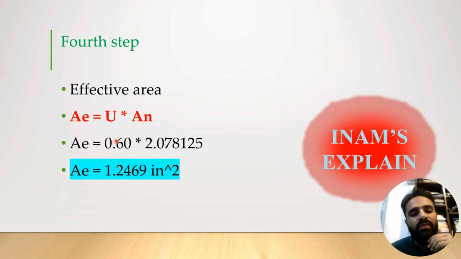So here the effective area will be the value of U, which is 0.60 we found in the last slide, times the net area we found, which is 2.078125 inch squared. After multiplication we get the effective area, which is 1.2469 inch squared. This area will be used in the design of tension in case of the fracture limit state.